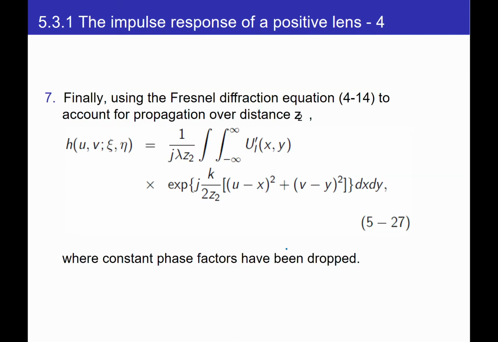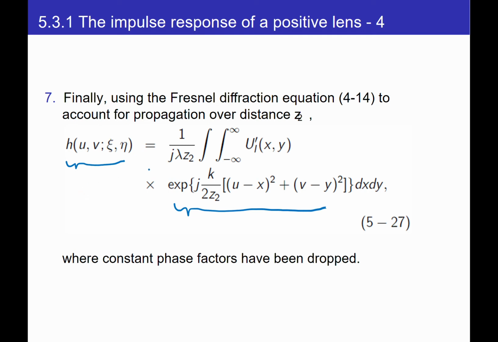Finally, using the Fresnel diffraction equation, ui is given by ul prime times the quadratic phase, and the quadratic phase is going to be our h function. Basically, this is u0, but we start with the point spread function, the point source, so that we get h here.